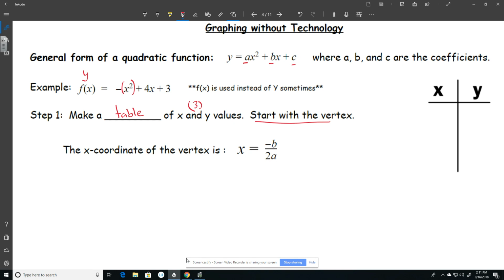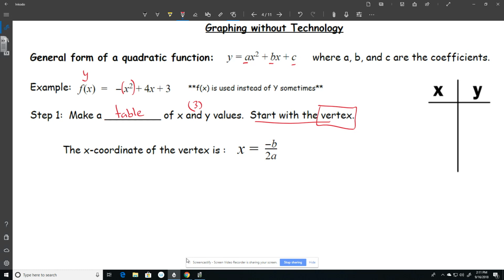Here's my x's, here's my y's, and I want to pick a couple numbers for x and see what I get for y. I don't want to randomly pick them because depending on the x's I pick, I might not get a good overview of my entire graph. So I want to start with a very specific x, and that is the vertex.